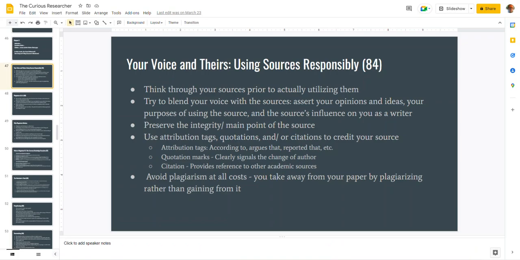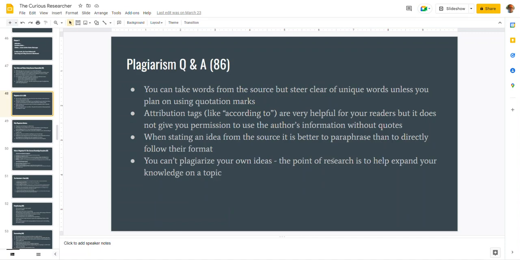All right, so I want to get to the curious researcher, and we've all done the triad discussion board. You want to make sure that you use the voice of others responsibly, and that really is where we get into attribution, the principles of citation as described in the course unit. So you can take words of the source, but you have to really decide what you want to use as attribution tags. There are very helpful phrases in the textbook to help you introduce source material, but once again, I need to know where the information from your source starts and stops as we get to using it in the research essay.